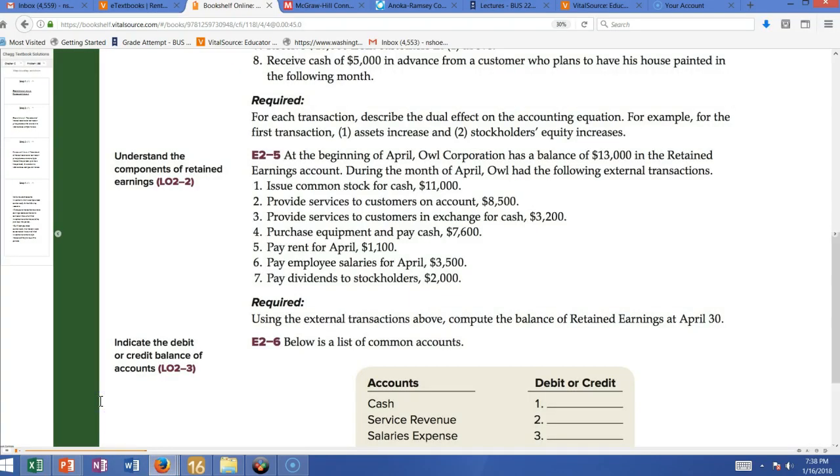Okay. Next, purchase equipment and pay cash. Think of this through. What goes up here? Equipment, which is an asset, goes up. Cash goes down. Does it affect retained earnings at all? No. Next, pay rent for April, $1,100. Cash goes down, and retained earnings also goes down, doesn't it?